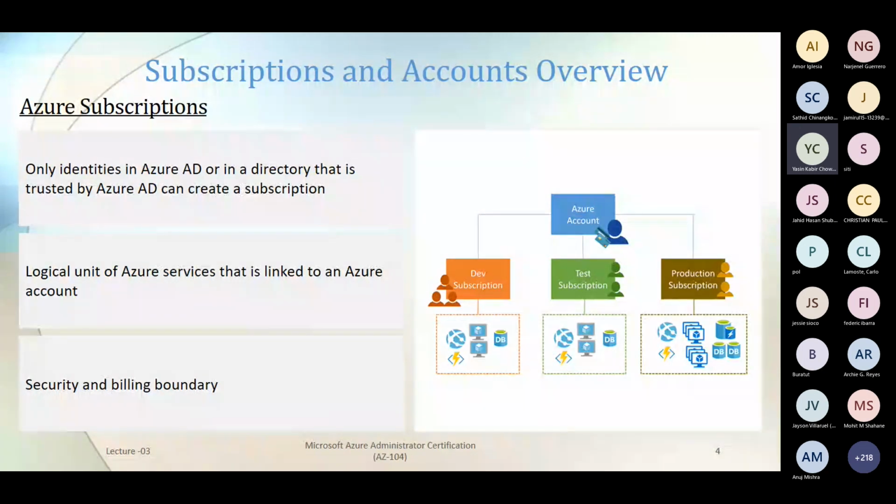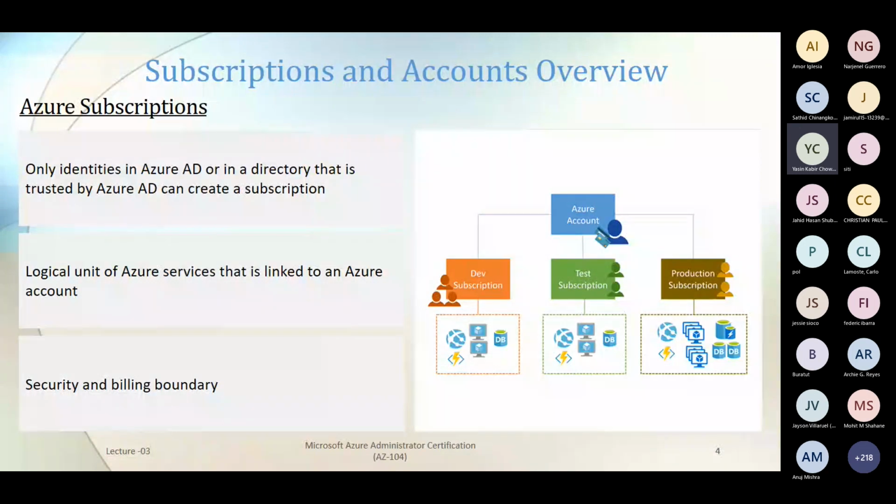a lot of Azure subscriptions. Suppose you have a software company and you are going to the cloud and select Azure as a cloud service, and you have an Azure account. Now you have three different departments: development department, test department, and production department.